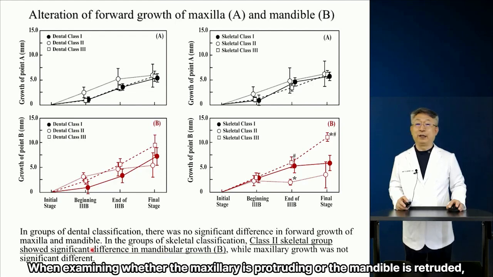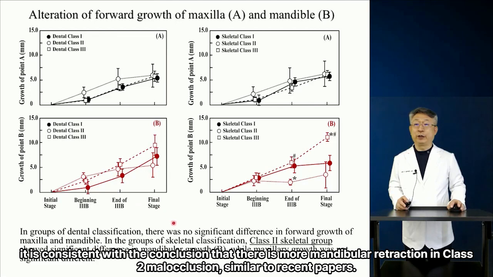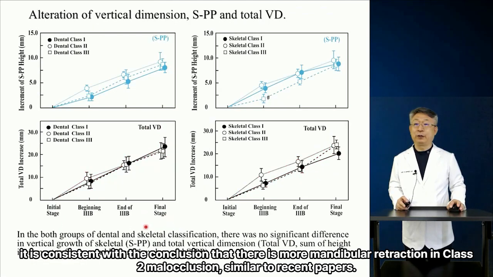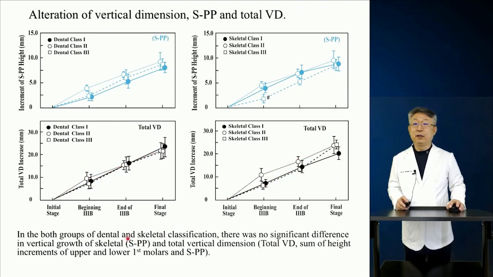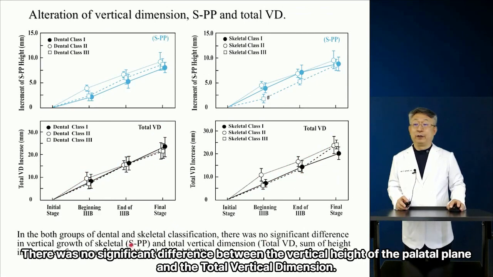When examining whether the maxilla is protruding or the mandible is retruded, it is consistent with the conclusion that there is more mandibular retraction in class 2 malocclusion, similar to recent papers. There was no significant difference between the vertical height of the palatal plane and the total vertical dimension.